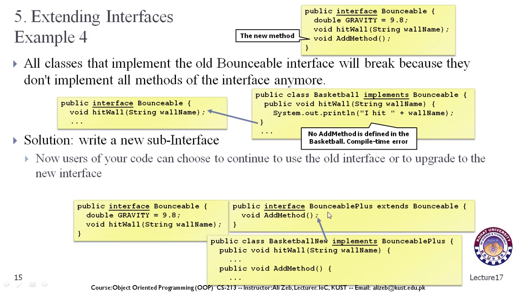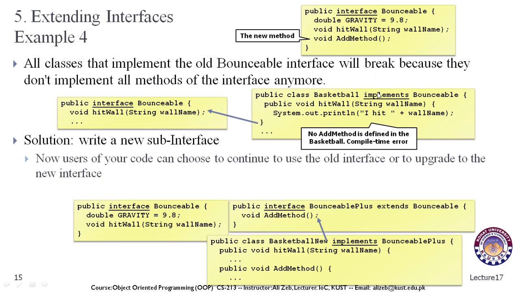What has been done is we have created a new interface, bounceablePlus, that extends the bounceable interface. Now we will only need to implement this add method in our class if we implement this new interface. And this is where we have avoided a situation that can break our program if we were to add a new method to an interface that we were already implementing.